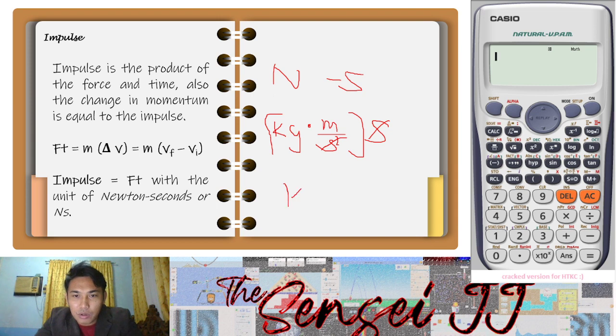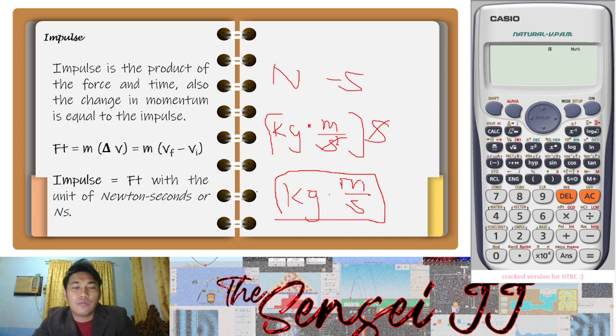We will be having kilogram meter per second unit. So still we can use the unit of kilogram meter per second in our impulse. We can use the Newton second, and we can also use kilogram times meter per second.